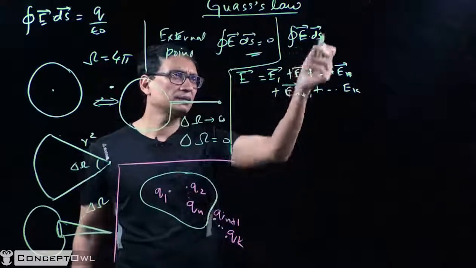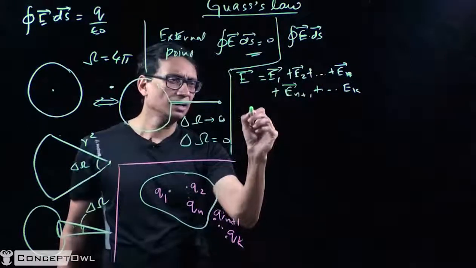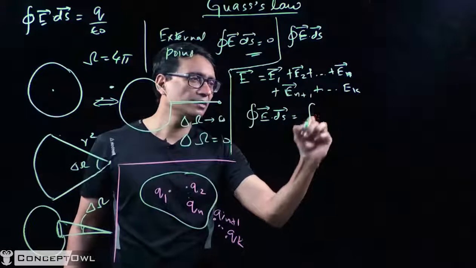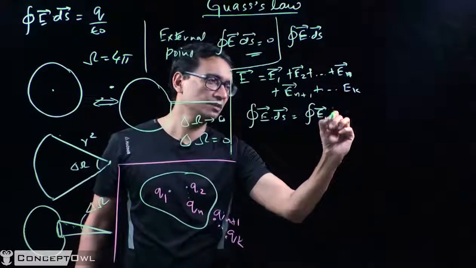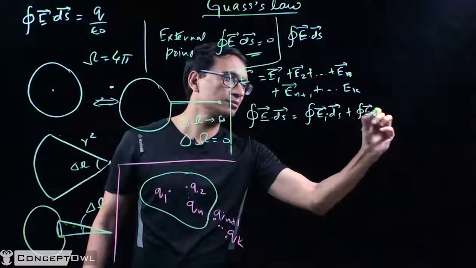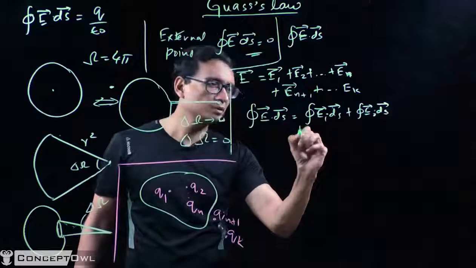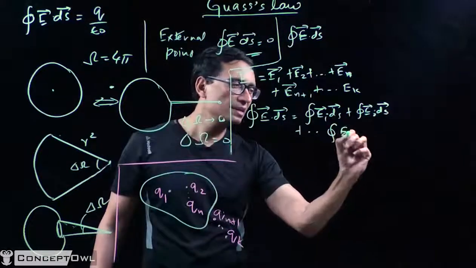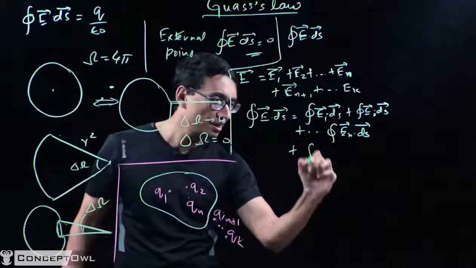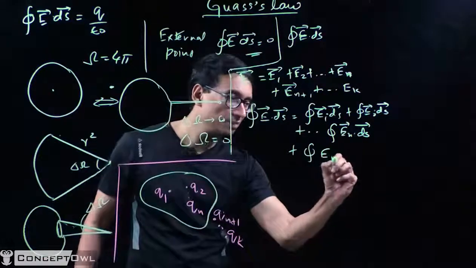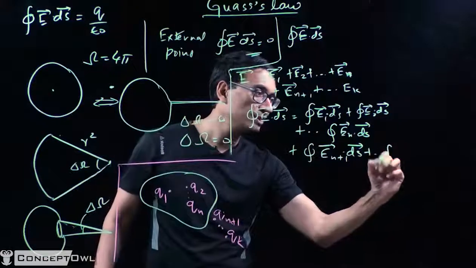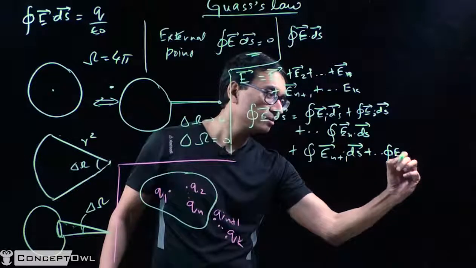Now I can evaluate this as: integral E dot ds would be equal to integral E1 dot ds plus integral E2 dot ds, and so on up to integral En dot ds, plus then separately integral En plus 1 dot ds, plus and so on up to integral Ek dot ds.